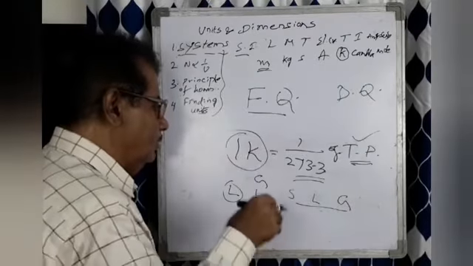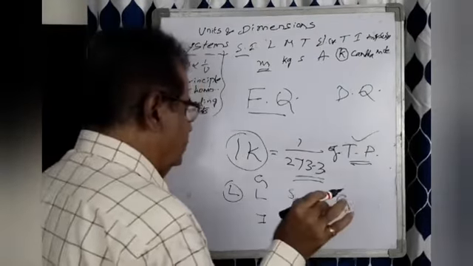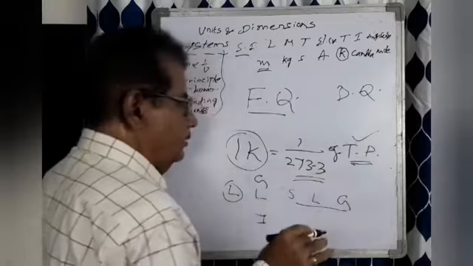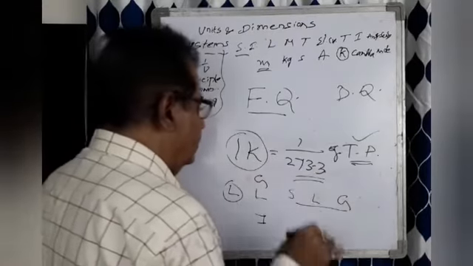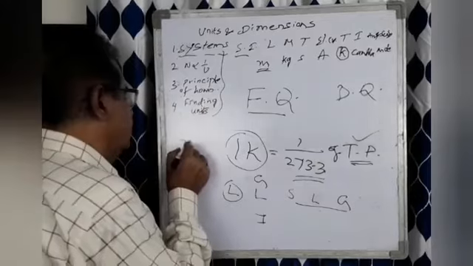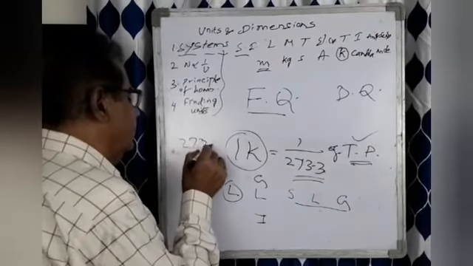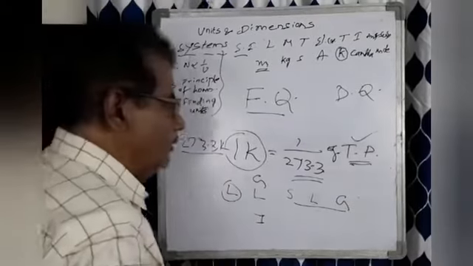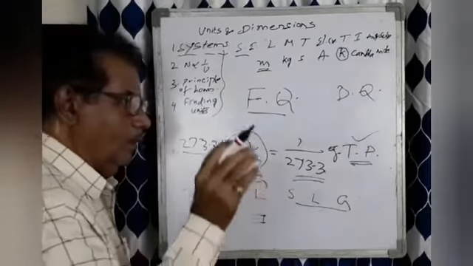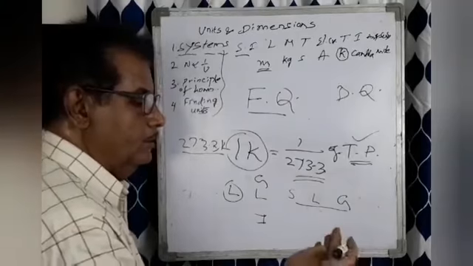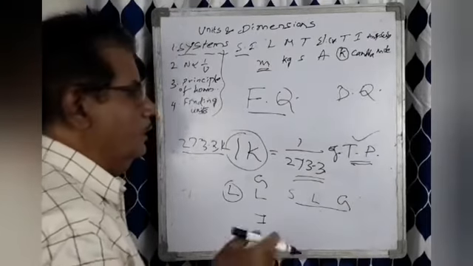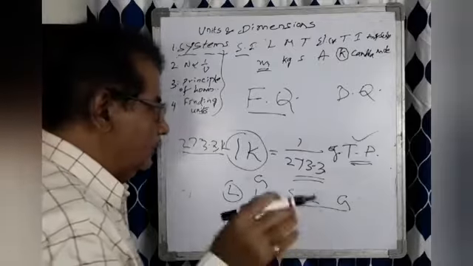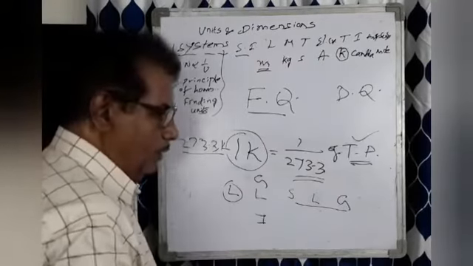They all exist at a particular temperature at the normal pressure. That particular temperature is 273.3 Kelvin. So at 273 Kelvin, water exists in solid state, liquid state, and also in gaseous state at a time. Such a temperature is called triple point.